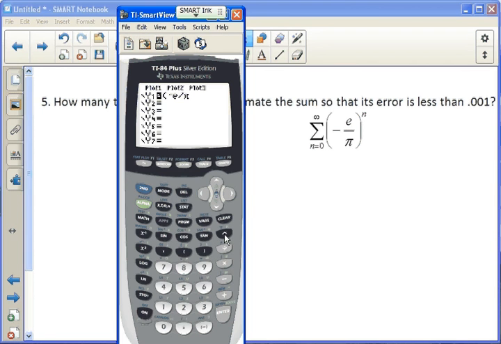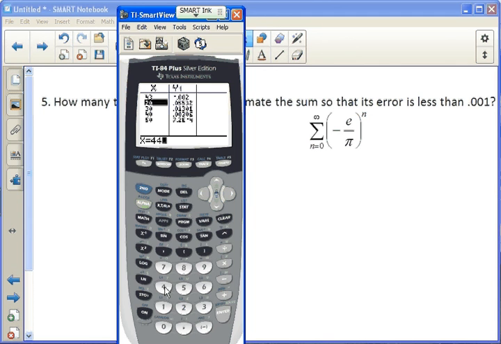Let's back up and try 10, 20, 30, 40, 50. Okay, looks like it's going to happen somewhere between 40 and 50. So let's back up here and we'll do 43, 44, 45, 46, 47, 48, and then 49.